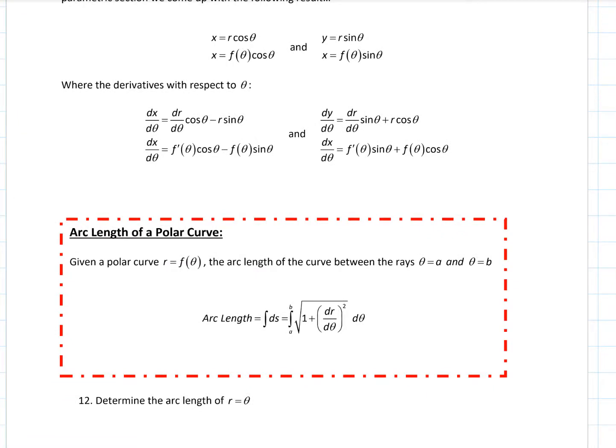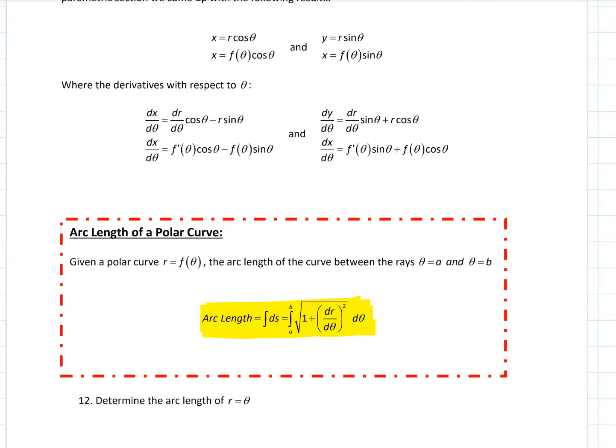So if we calculate the arc length just using our parametric equations, it ends up being a really fun little, math teachers like this kind of stuff. It ends up being just a bunch of trig and simplification, and it boils down to this very nice little formula.